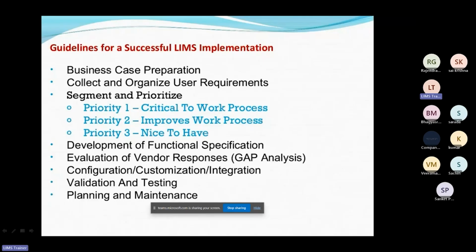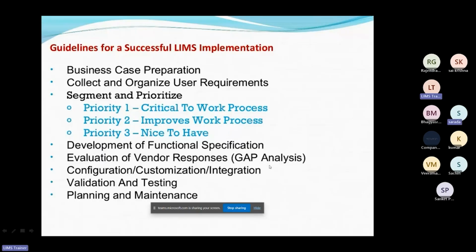We have developed LIMS for that laboratory, but we have to cross-check what we have developed with the end user and the business owner, so that before going into further stages, we find out what gaps are involved in whatever we have designed up to this stage.